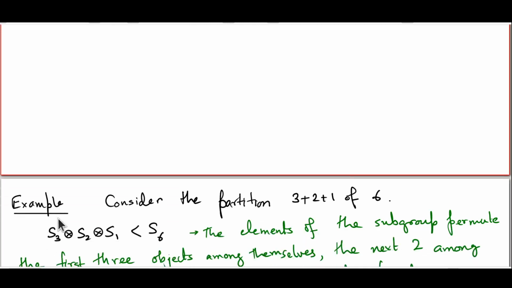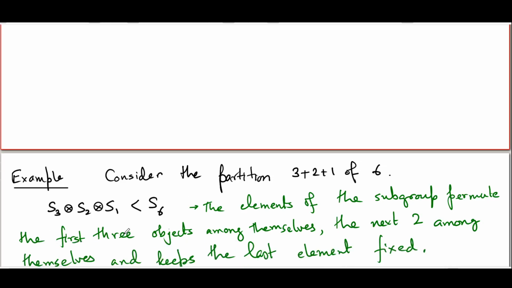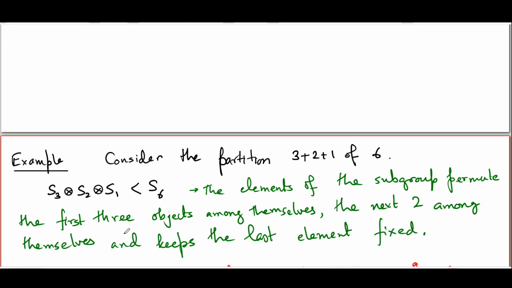This will of course give us S3 direct product with S2, direct product with S1 as the subgroup of S6 that we are looking at. This means that out of the 6 objects which are being permuted in S6, we are only going to consider those permutations in which the first 3 objects permute among themselves, the next 2 permute among themselves, and the last one does not move at all.